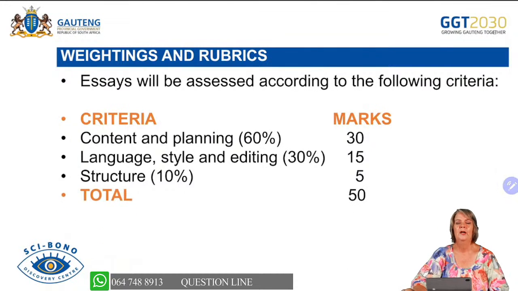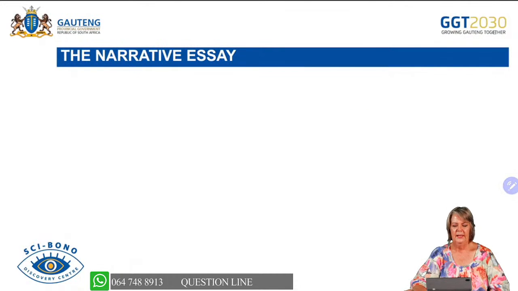And that gives you a total of 50. So when you write and plan your essay, remember that this is what the assessment criteria that you are going to be assessed on. Let's take a look at the genres in closer detail.